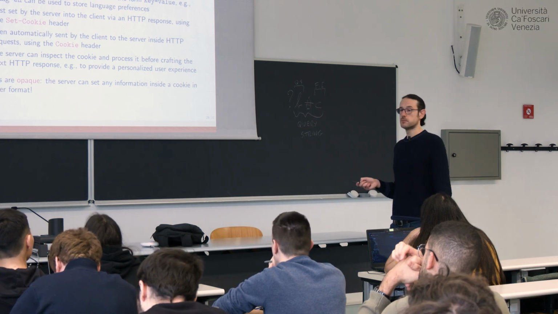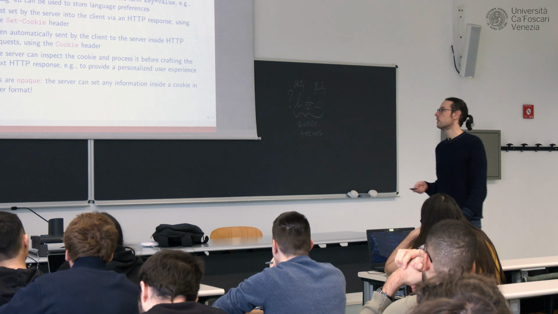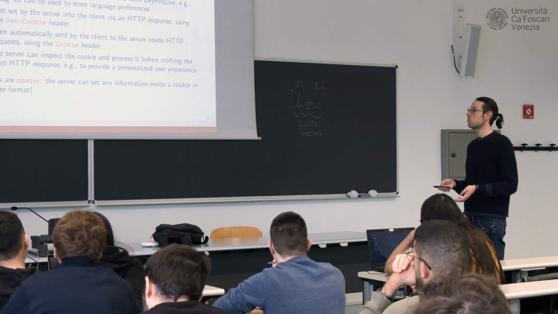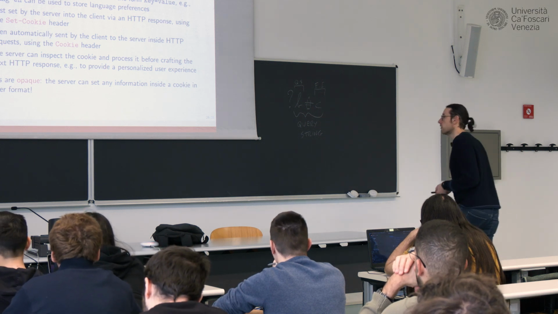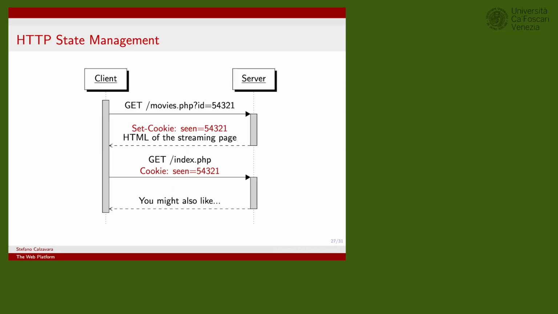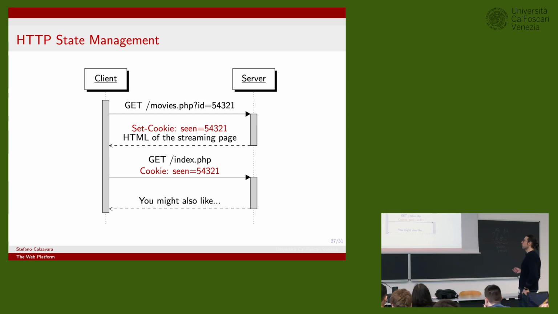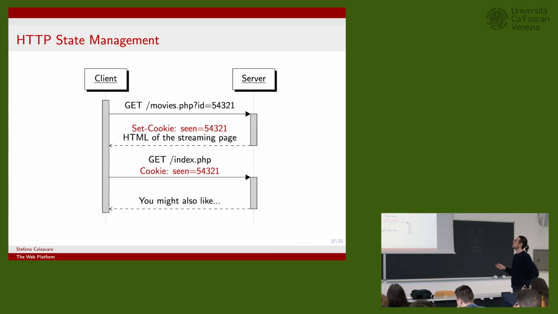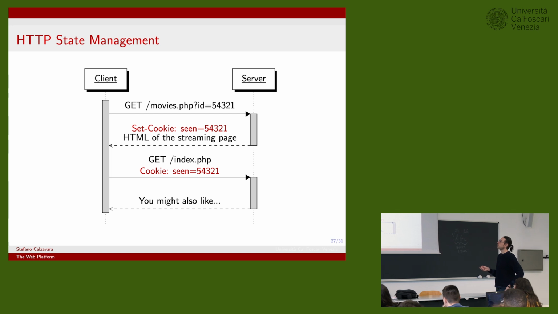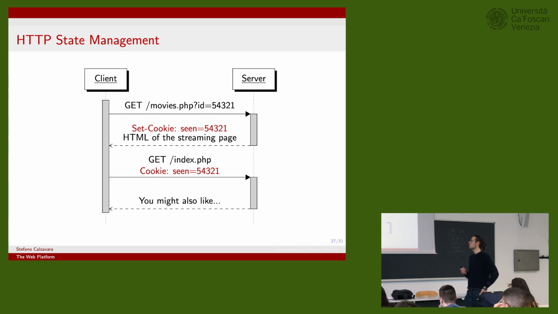Cookies are opaque. So if you look into the cookie jar, you find a lot of information, but you don't necessarily understand the content of the cookie. So this is your favorite streaming platform. You request a movie, you put the ID of the movie into the request. The server sends you back a cookie, for example, the cookie seen, which contains the list of the movies that you watched. It's not the only available implementation.